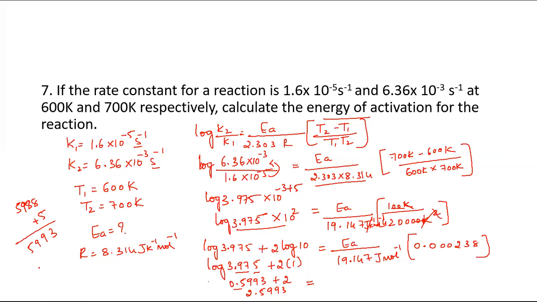Just a minute, I'll take a blank page. Okay, so what did we get? Log value on this side, 2.5993, is equal to EA divided by 19.147 into 0.000238.